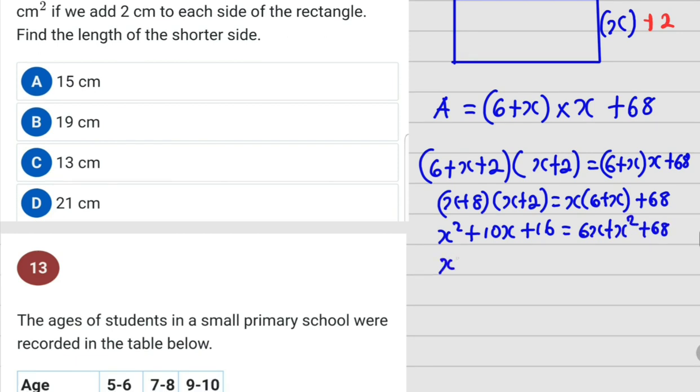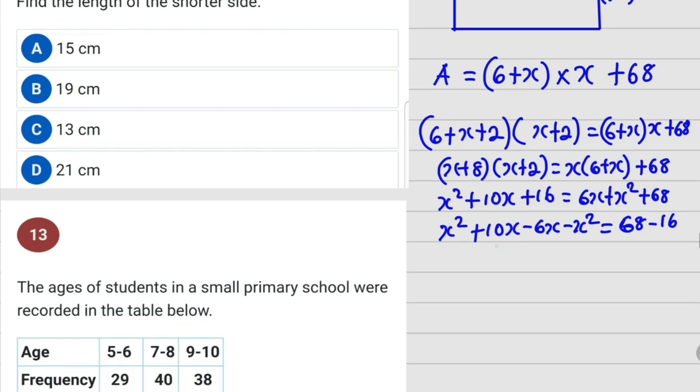Now collecting like terms, this is x squared plus 10x minus 6x minus x squared is equal to 68 minus 16. Now x squared will cancel x squared, so I have 4x is equal to 52. So x is equal to 52 over 4, which is equal to 13. And I think I have 13 in the options, which is C. So we are done with this. We are okay with this. So let's move quickly to number 13.